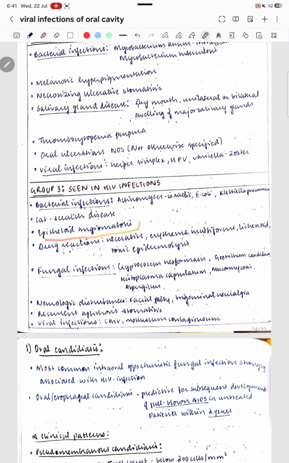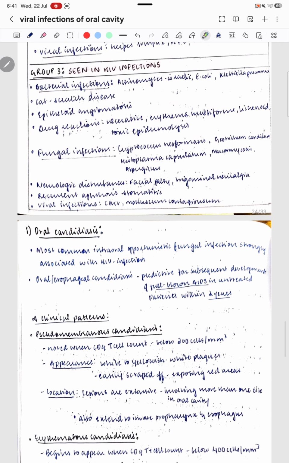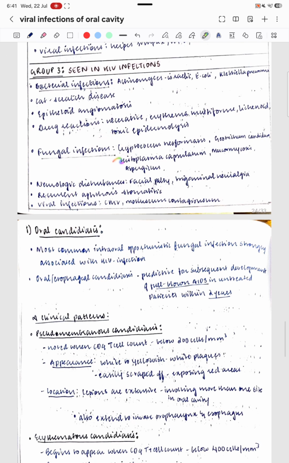Epithelioid angiomatosis, drug reactions, ulcerative erythema multiforme, and fungal infections such as Cryptococcus neoformans and Aspergillus. So those are your opportunistic infections.